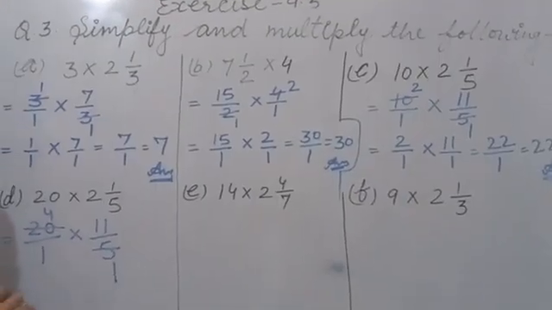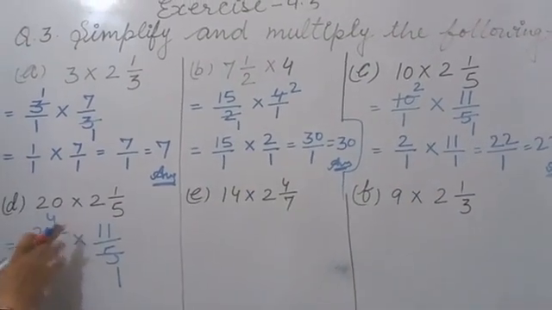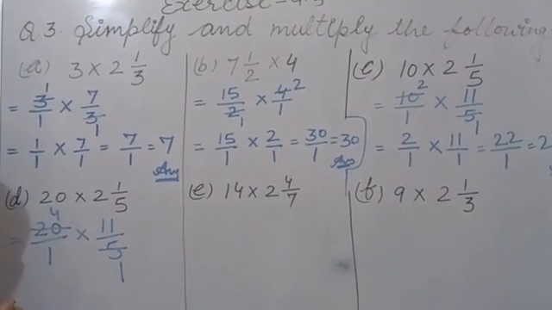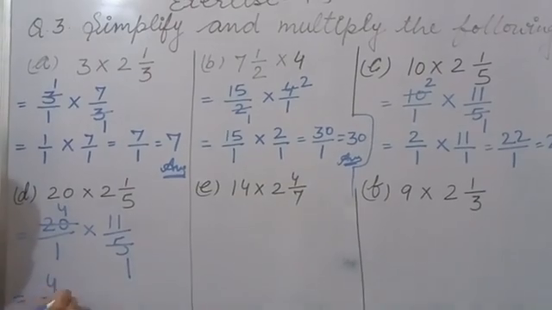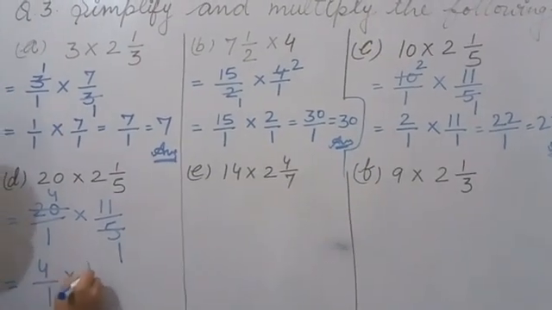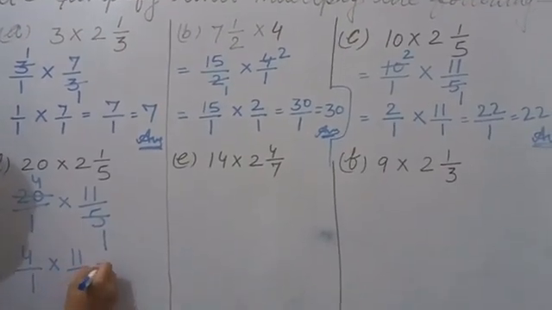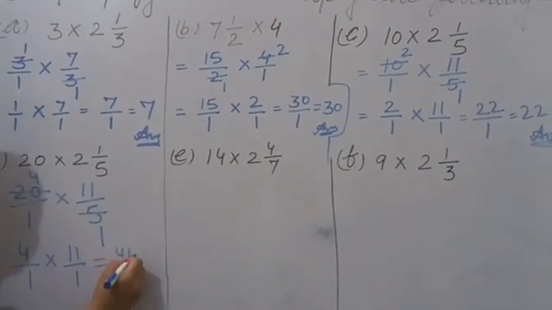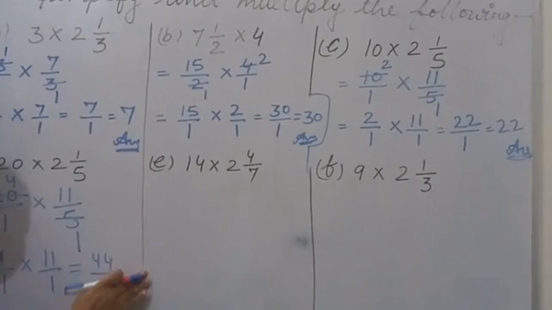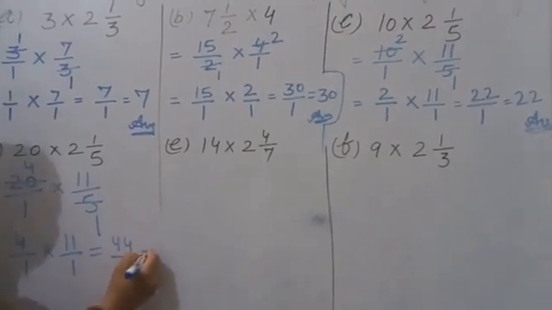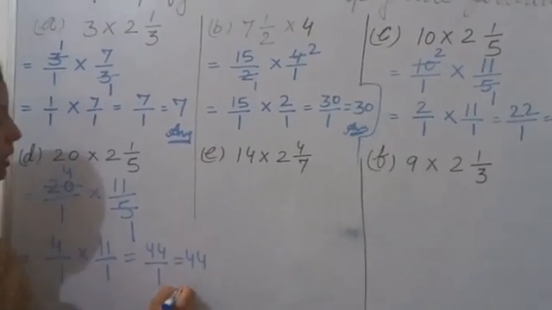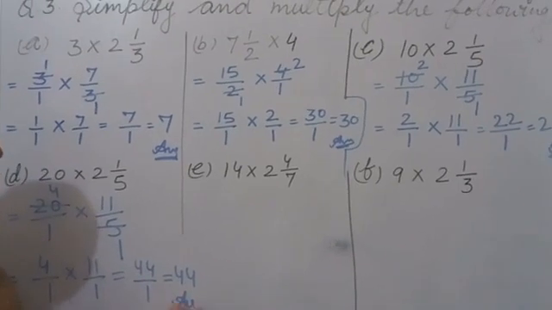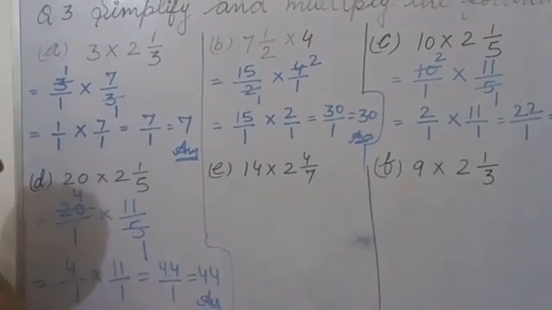We cancel. Now before multiplying, we write what's left. 4 upon 1 multiply by 11 upon 1. Now numerator multiply by numerator, 11 fours are 44 upon 1. That equals 44. That's your answer. Okay, so like this you can do.